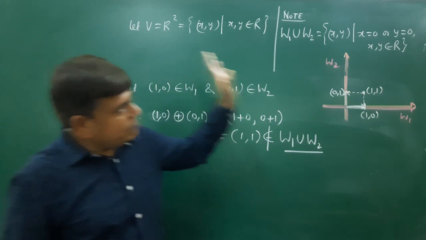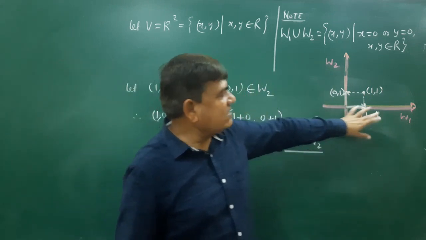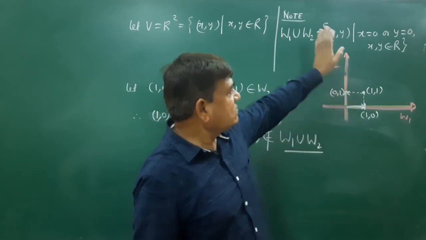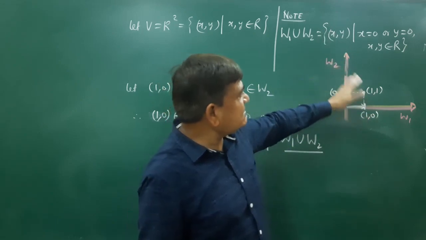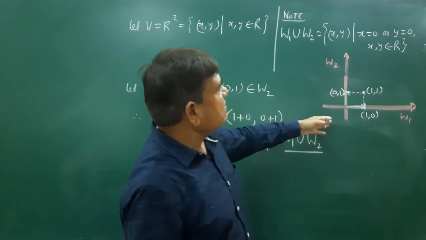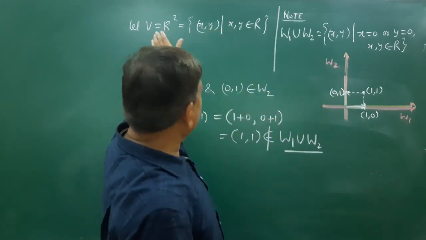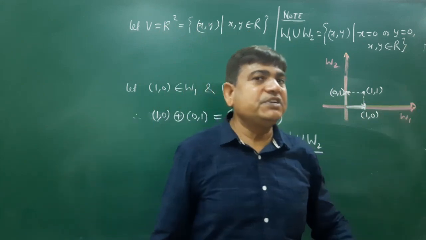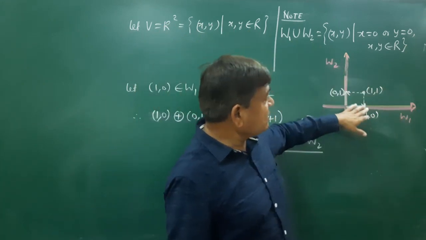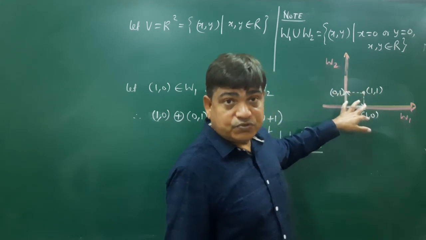W1 is the set of all points lying on the x-axis, and W2 is the set of all points lying on the y-axis. The x-axis and y-axis are part of the xy plane. So W1 is a subspace of V, and W2 is also a subspace of V. But if you find W1 union W2, then you will find this type of situation.